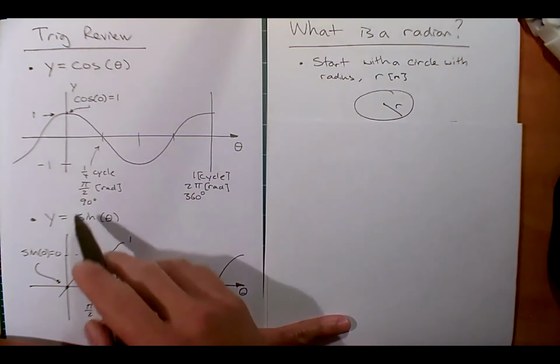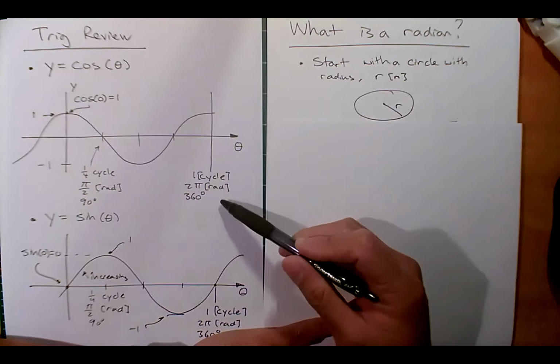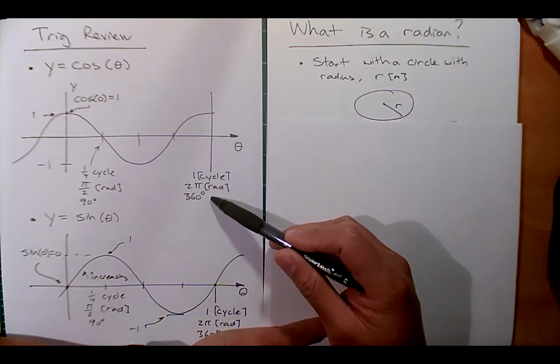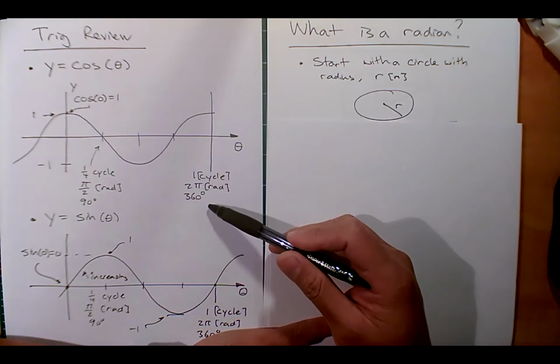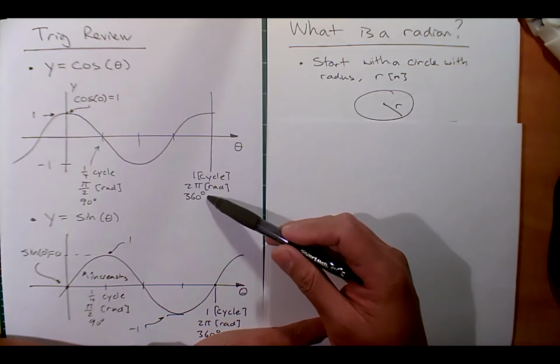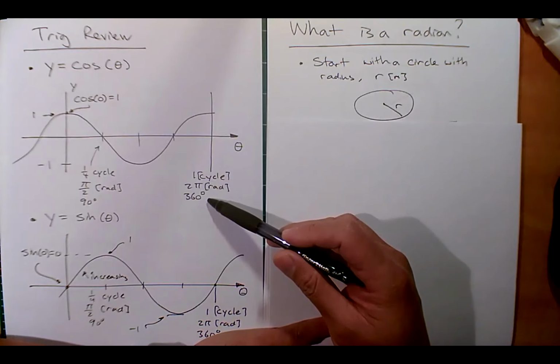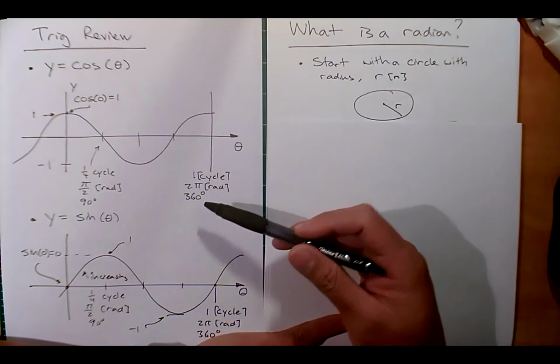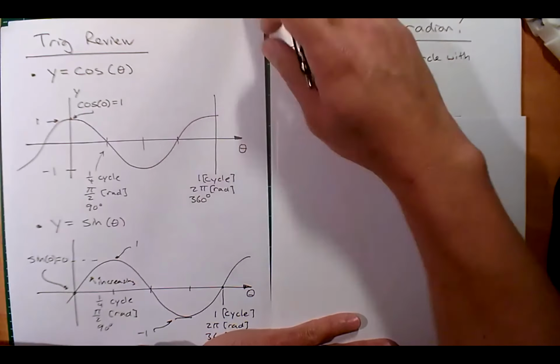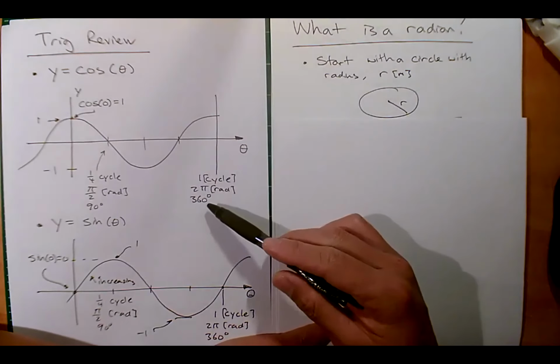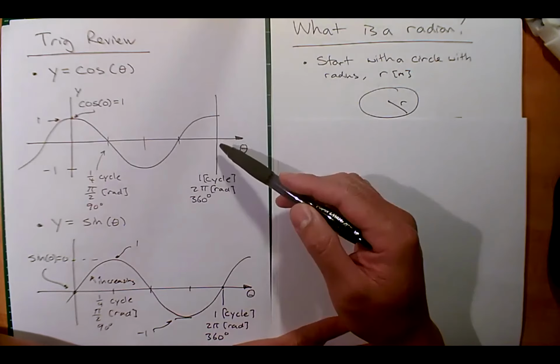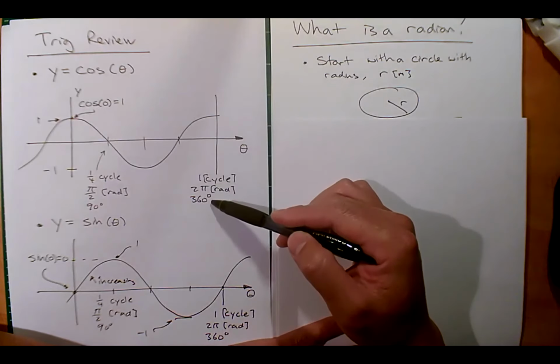In fact, the only reason why we're comfortable with 90 and 360 is because we've been introduced to it at a very young age, right? Really, degrees is, I think, an old Mayan kind of introduction or something like that. I think it has to do with every day of the calendar year.